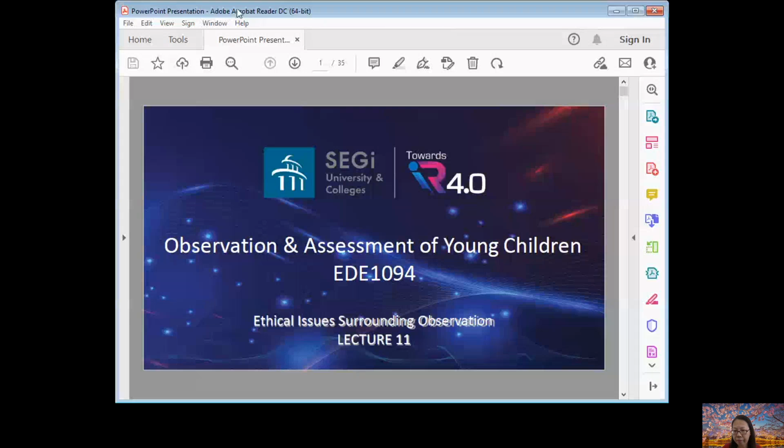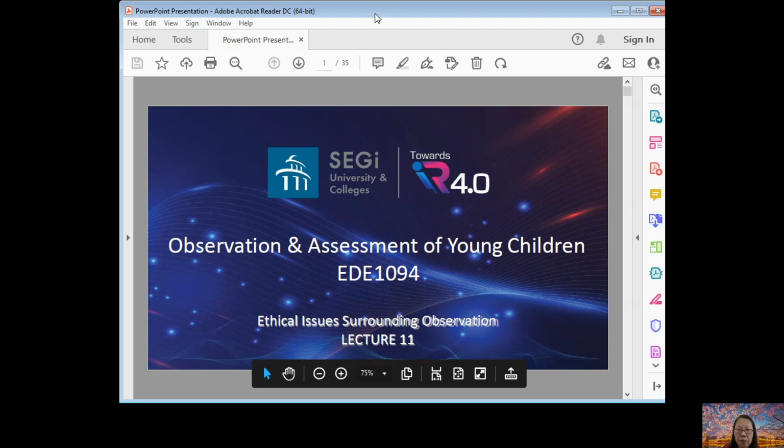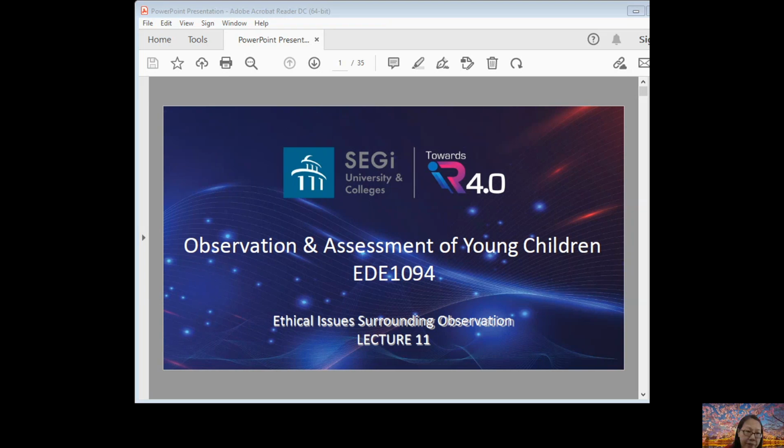So this is ethical issues surrounding observation. What are ethical issues? Ethical means the manners, moral, following what is accepted by ethics of observation, respecting the privacy of the person you are observing.